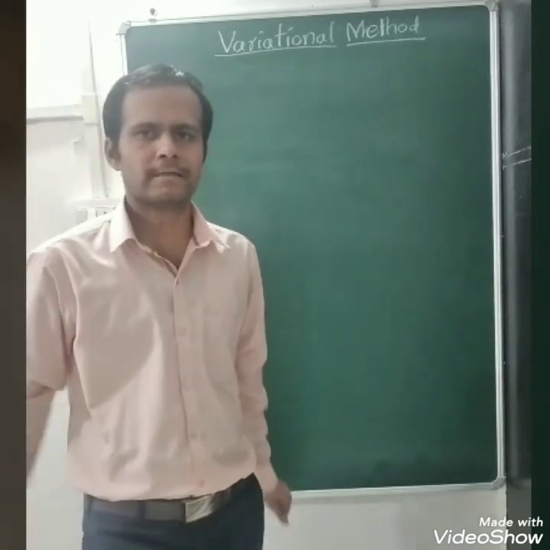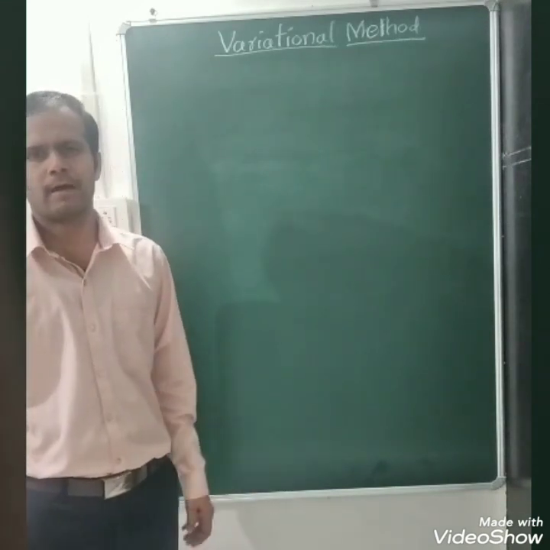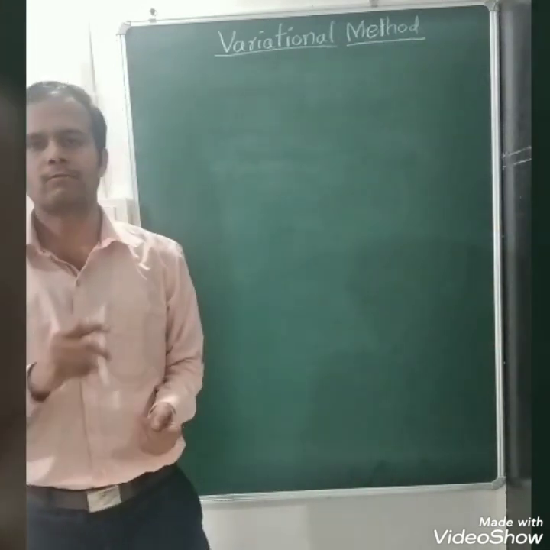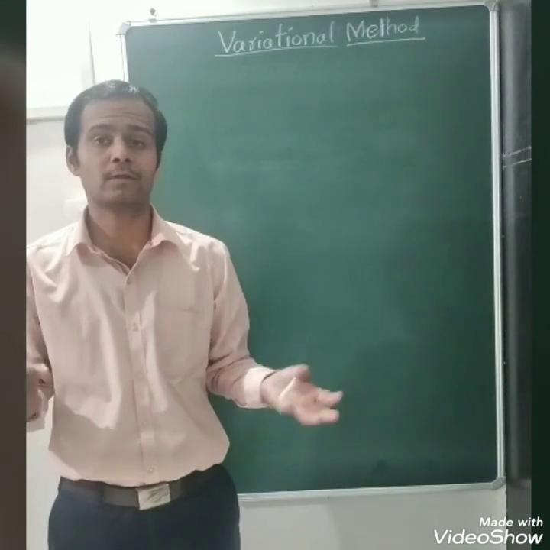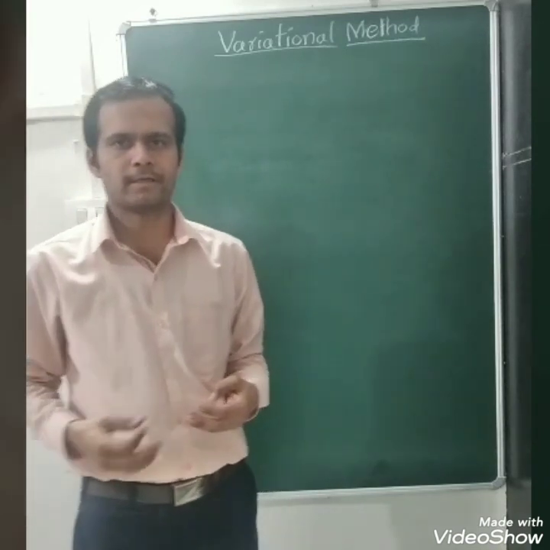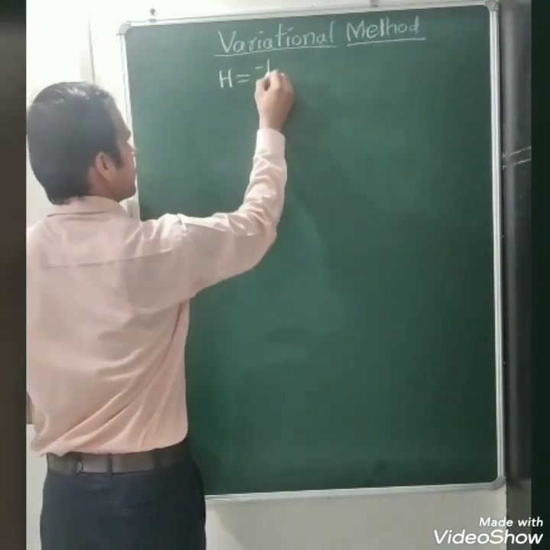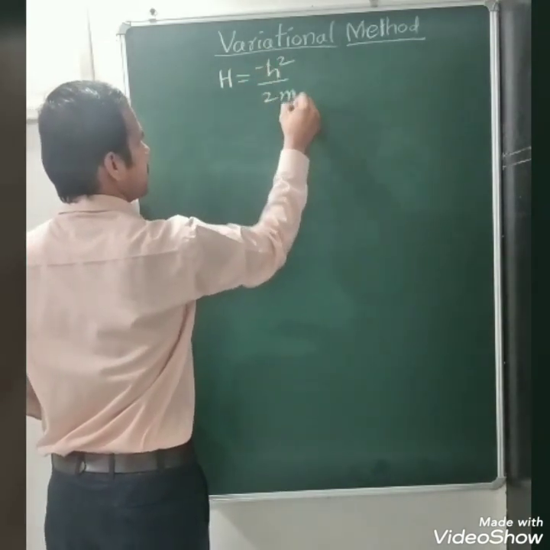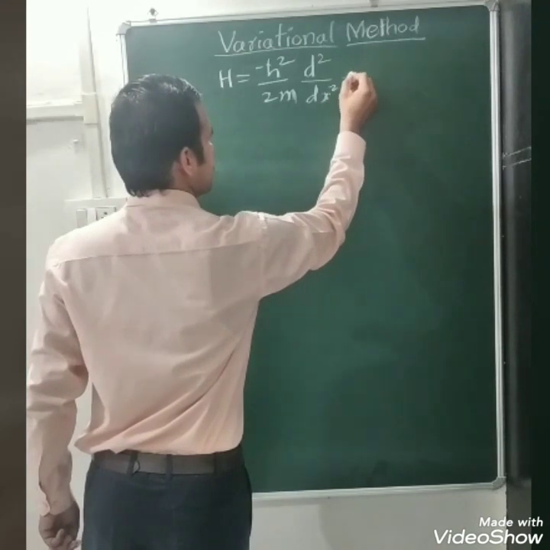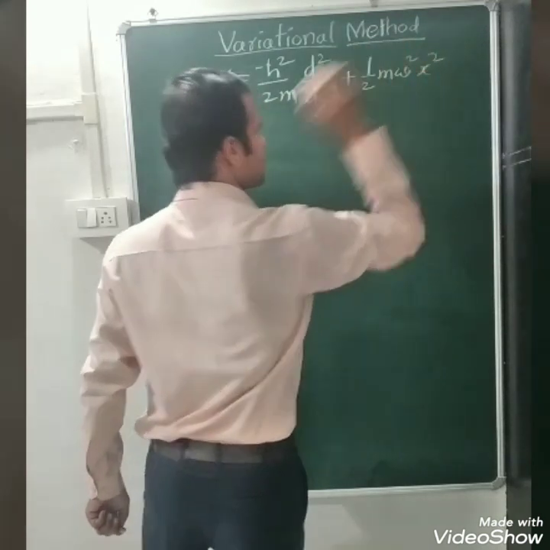So let us start with how to apply this variational method to the ground state of the harmonic oscillator. The first thing is we must know the Hamiltonian of the ground state of the harmonic oscillator, that is H is equal to minus h cross square by 2m d square by dx square plus half m omega square x square.